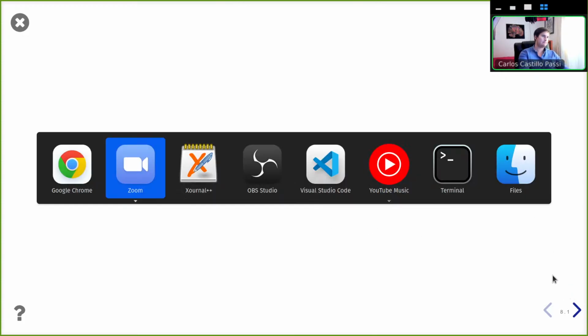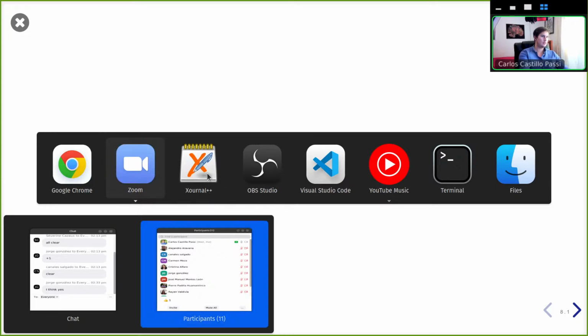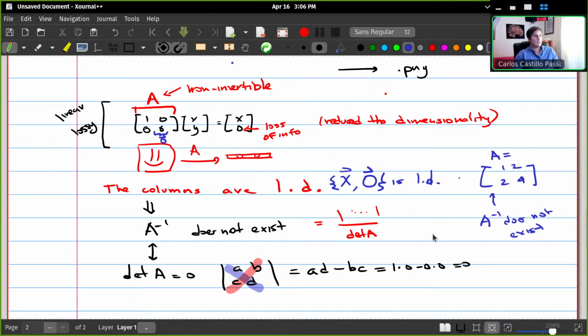Oh, by the way, when the columns are linearly dependent, you can define something that is called the rank of the matrix. Well, not only in the case that the columns are linearly dependent.